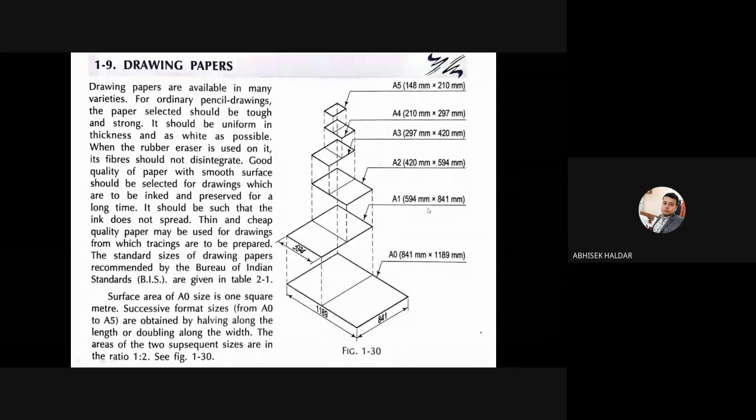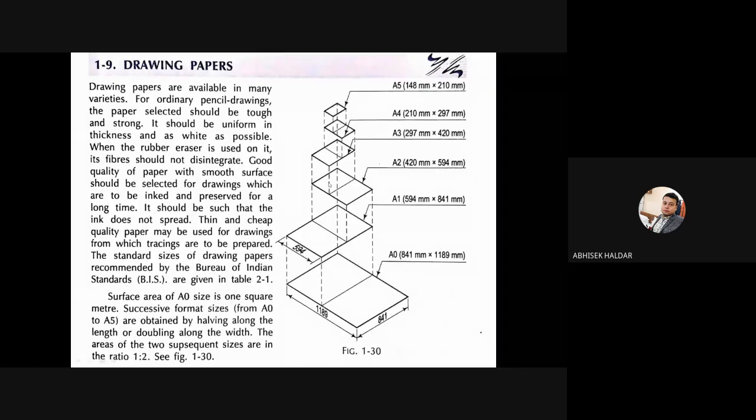Often it is asked in the viva what is the size of the A1 drawing sheet. That is 594 millimeter by 841 millimeter. So 841 is the length and 594 is the width. Keep at least the A1 size in your mind.